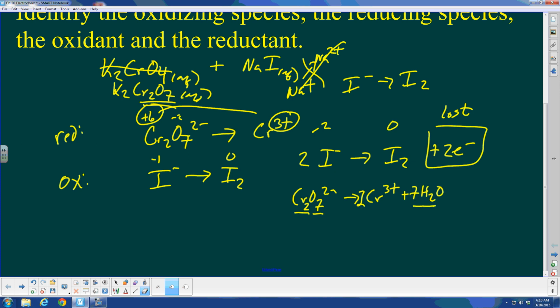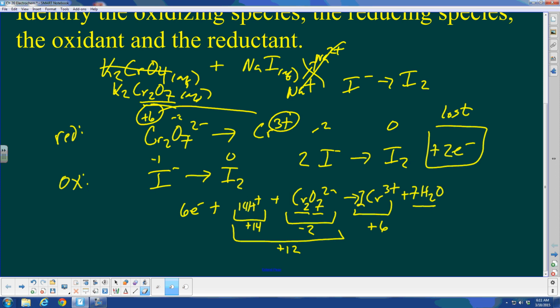Now I have 14 hydrogens, so I need to add 14 hydrogen cations. Now we need to balance charge. Here I have +14 and -2, so this whole thing is a +12. Over here I have a +6. So how do I make a +12 equal a +6? I need to add 6 electrons.